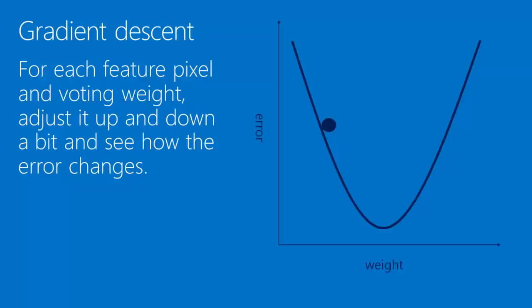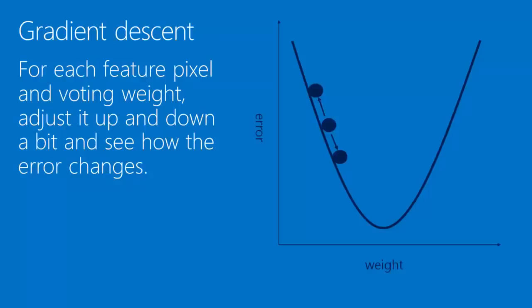So for each of these magic numbers, each of the feature pixels, each voting weight, they're adjusted up and down by a very small amount to see how the error changes. The amount that they're adjusted is determined by how big the error is. Large error, they're adjusted a lot. Small error, just a tiny bit. No error, they're not adjusted at all. You have the right answer, stop messing with it.